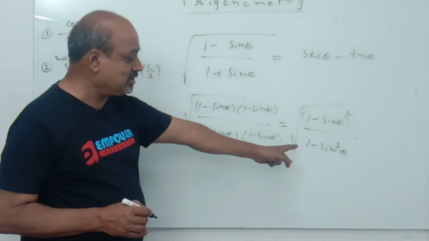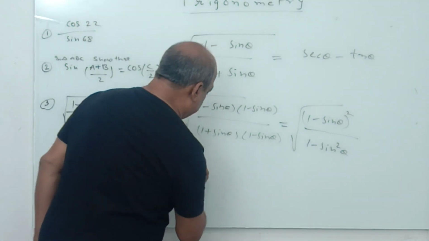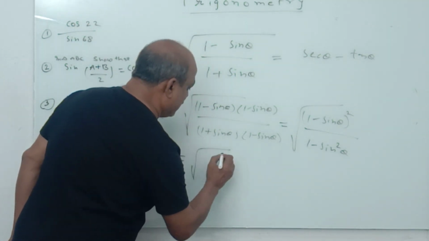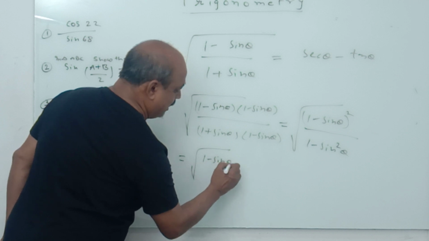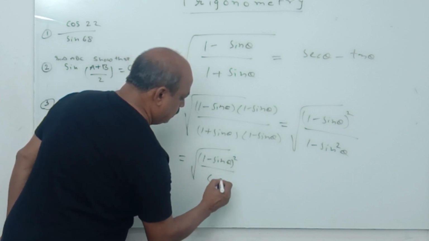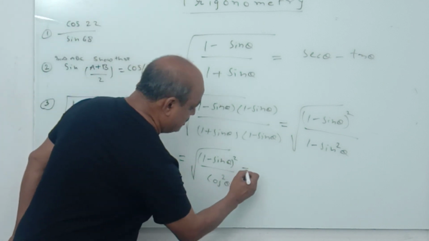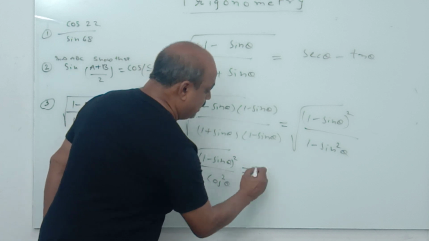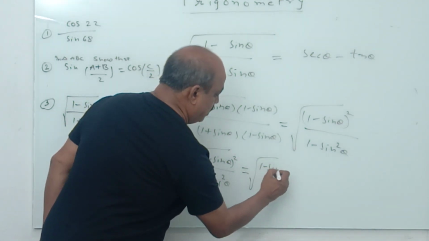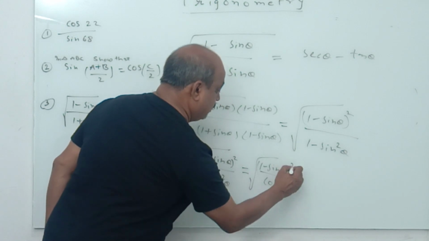Clearly 1 minus sine square theta is cos square theta. So I can write this as (1 minus sine theta) whole square upon cos square theta. Now the next step is that I can write the entire thing as (1 minus sine theta upon cos theta) whole square.